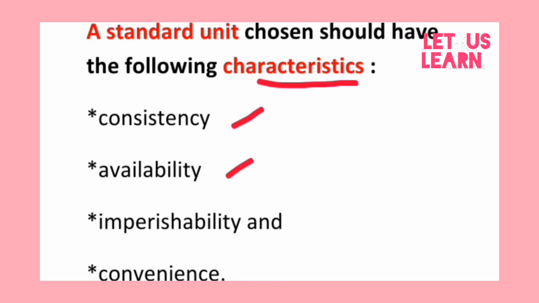It should be reproducible, and it should have imperishability, meaning it is permanent. A unit must also be convenient, it must possess the characteristic of convenience. Or it must be acceptable also. These are the main characteristics of a standard unit.